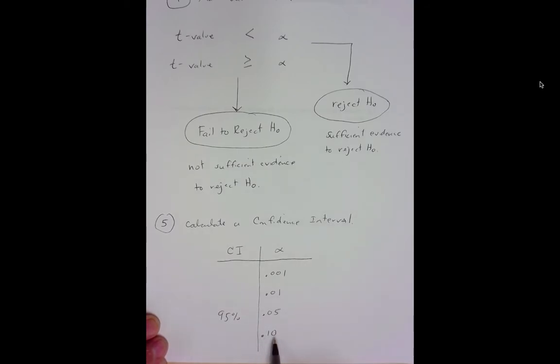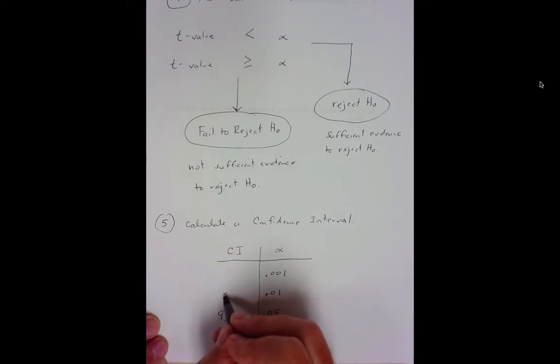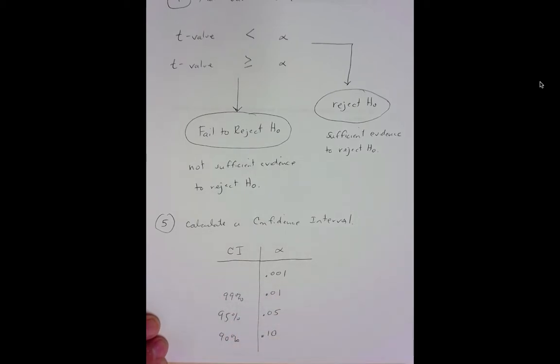If we have an alpha level of 0.10, we're going to calculate and interpret a 90% confidence interval. See if you can figure the pattern here. If we have an alpha level of 0.01, we're going to calculate and interpret a 99% confidence interval.